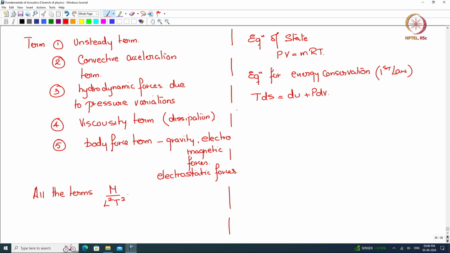So, now let us first work on the Navier-Stokes equations. As we said, we are going to ignore viscosity, neglect viscosity.